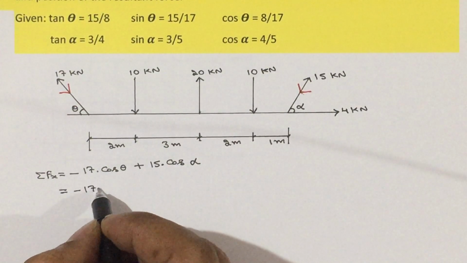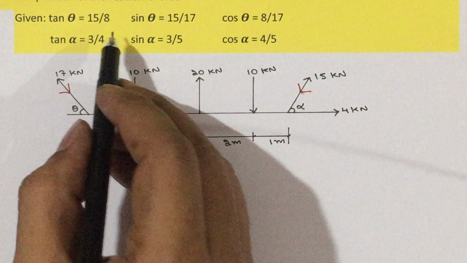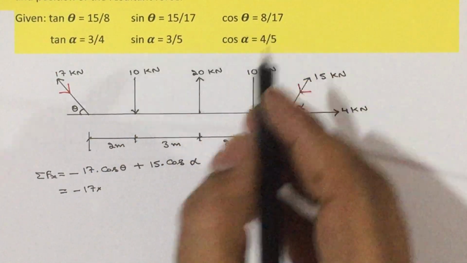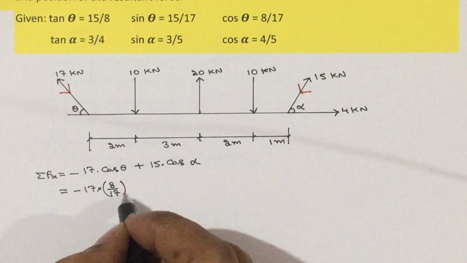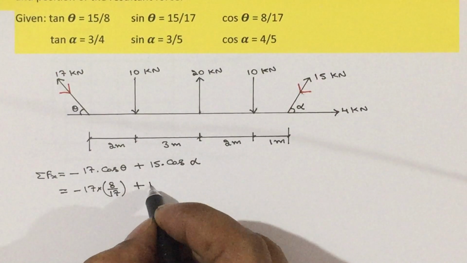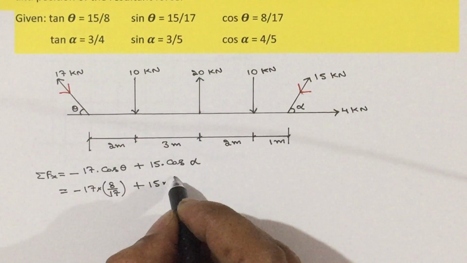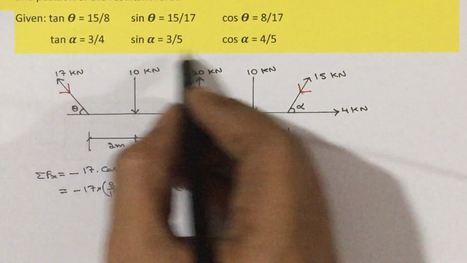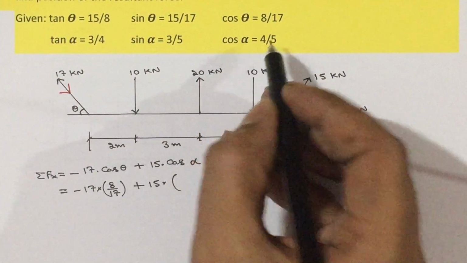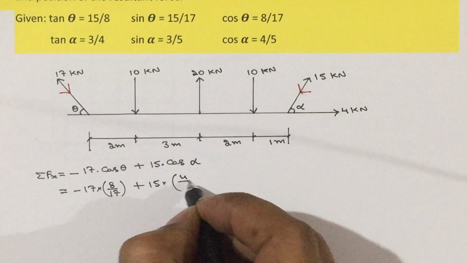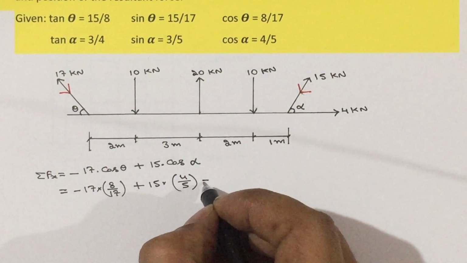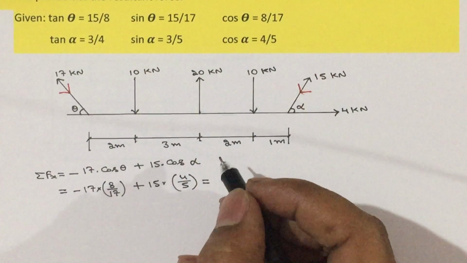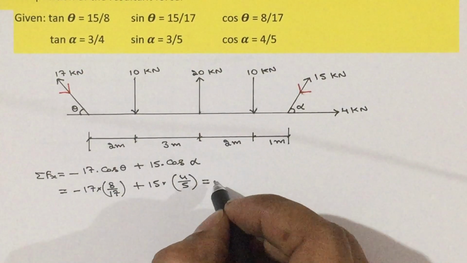Minus 17 into, in the given problem cos theta is given as 8 by 17, plus 15 into cos alpha. In the given problem cos alpha is given as 4 by 5. So if we calculate, we are going to get the value as 4 kilonewton.